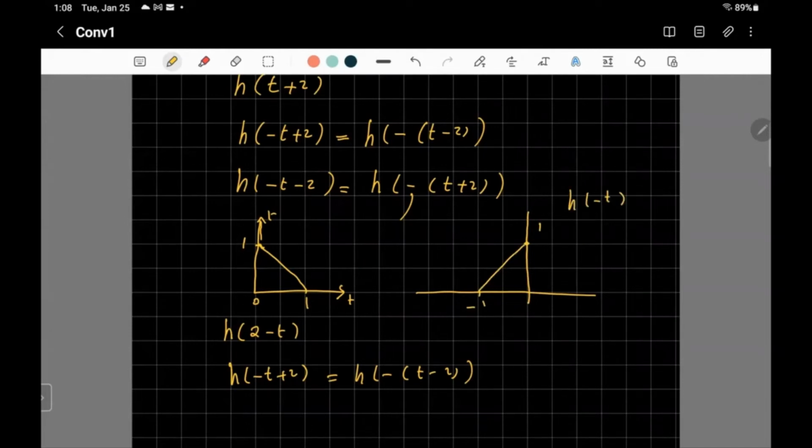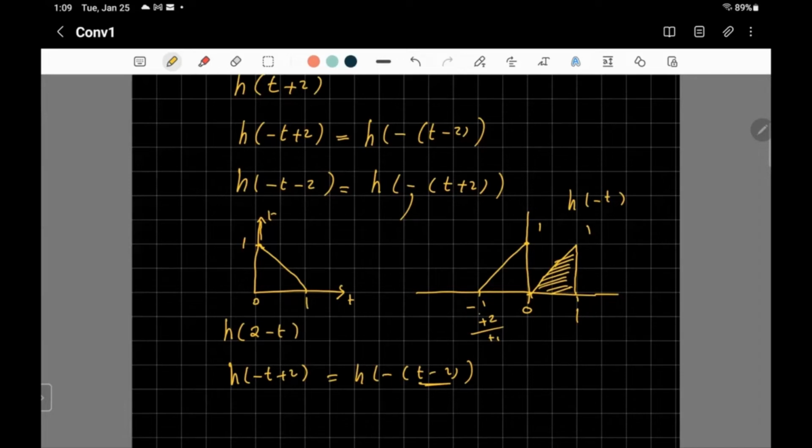Now, because I take the negative out as a common factor, because I'm using the second approach, so t minus 2. Minus 2 means I'm going to shift it towards the right by 2. So if I do that, I have 1, it becomes 0, and then 2. So it means it will be here. Because when you add -1 plus 2, you get +1. Wouldn't it start at 1 and then go to 2?